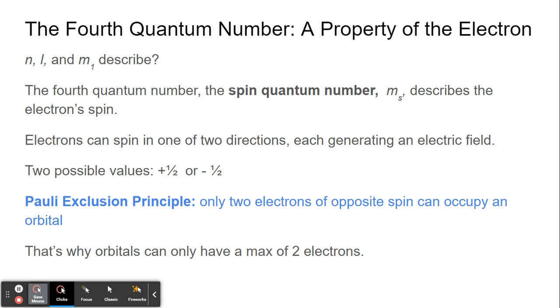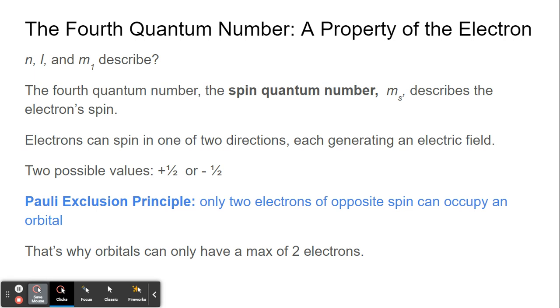Electrons can spin in one of two directions. Each of them generates an electric field, and we say that the two possible values are positive one half or negative one half. It's like imagining you can have two electrons that spin clockwise or counterclockwise. And because they're spinning in opposite directions, you can end up with two electrons in the same orbital.